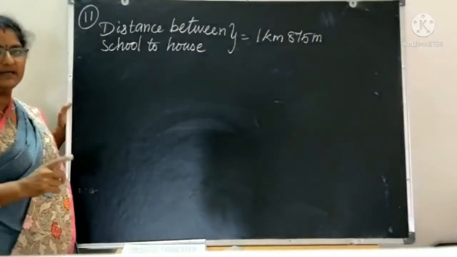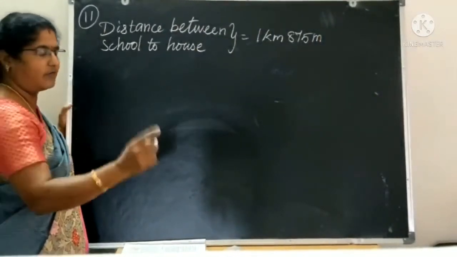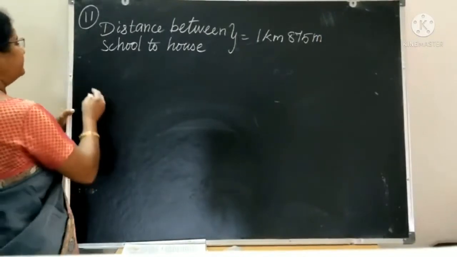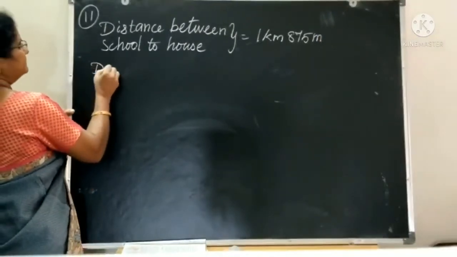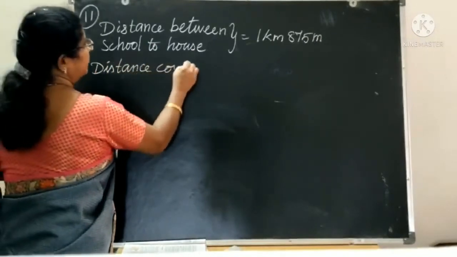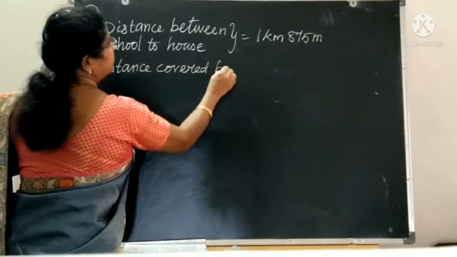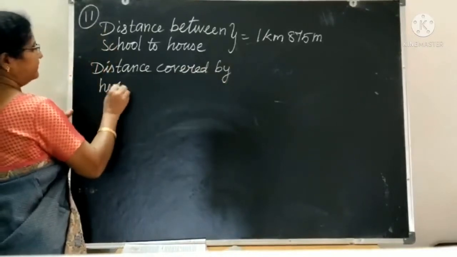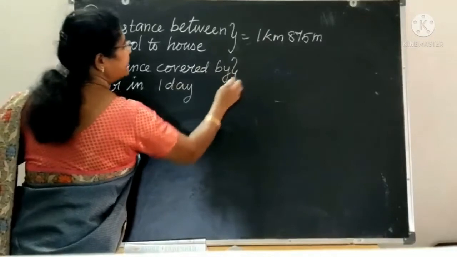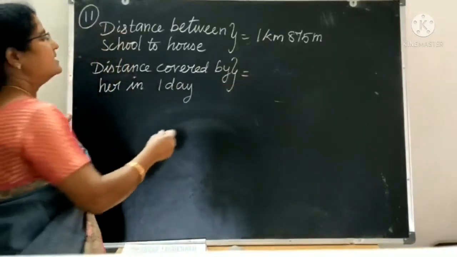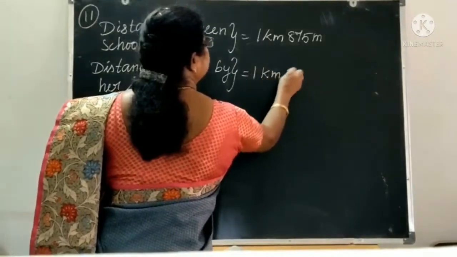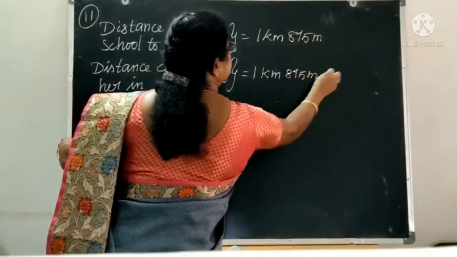So the distance covered by her in 1 day: in 1 day she walks the same distance 2 times. So you have to multiply this 1 kilometer 875 meter by 2.